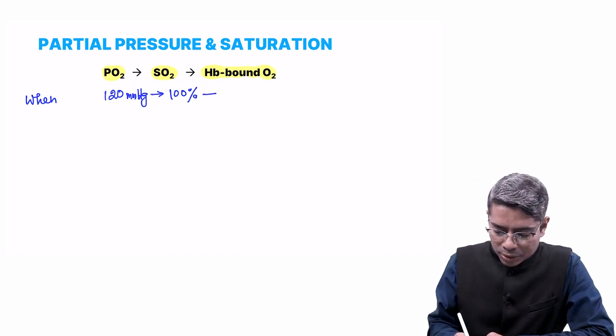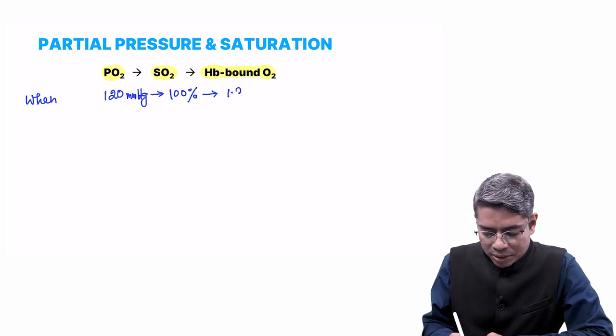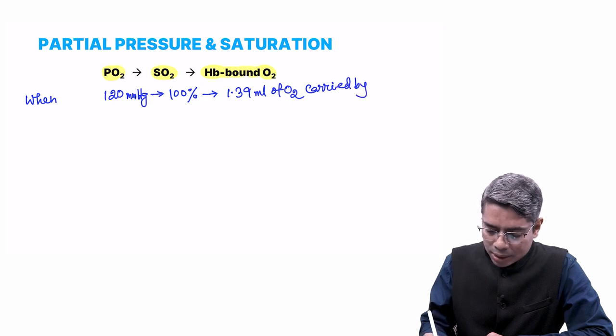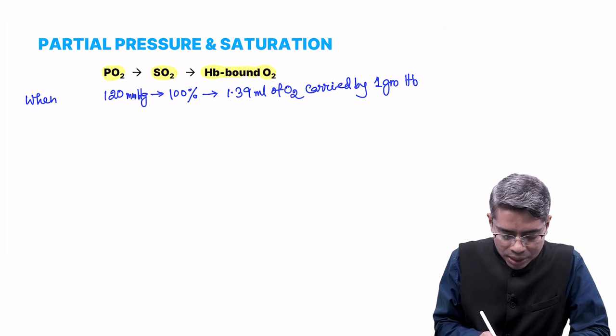And if the hemoglobin is 100% saturated, in these cases 1.39 ml of oxygen will be carried by 1 gram of hemoglobin. This is a very, very important statement. So try to understand here.